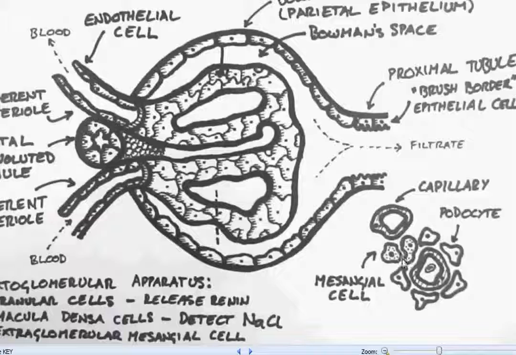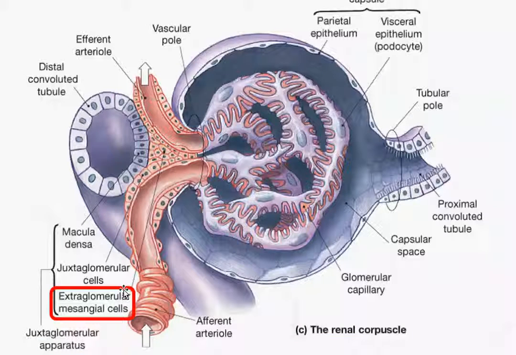It's basically changing the space between them, allowing more or less filtration to and from the capillary. So that's the job of these cells and some of these other cells, to constrict and relax, basically increasing and decreasing the amount of filtration to the capillaries, to the blood supply coming through there.